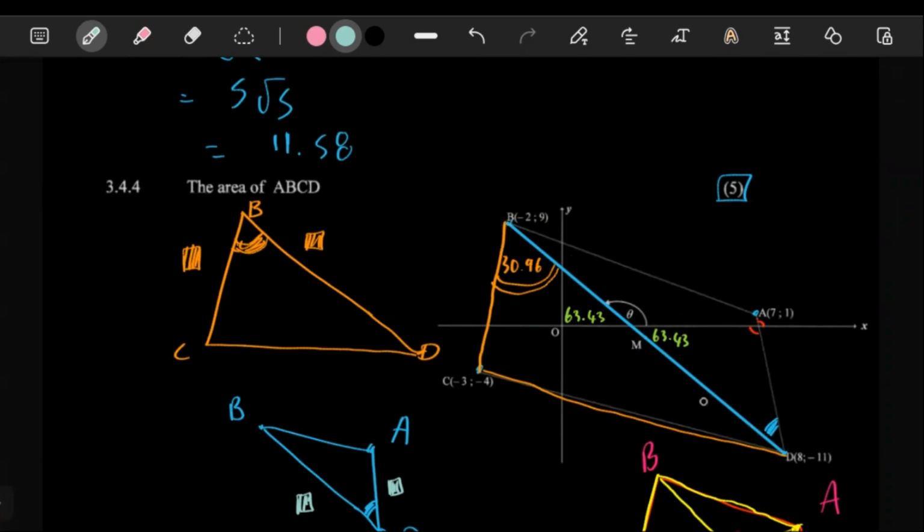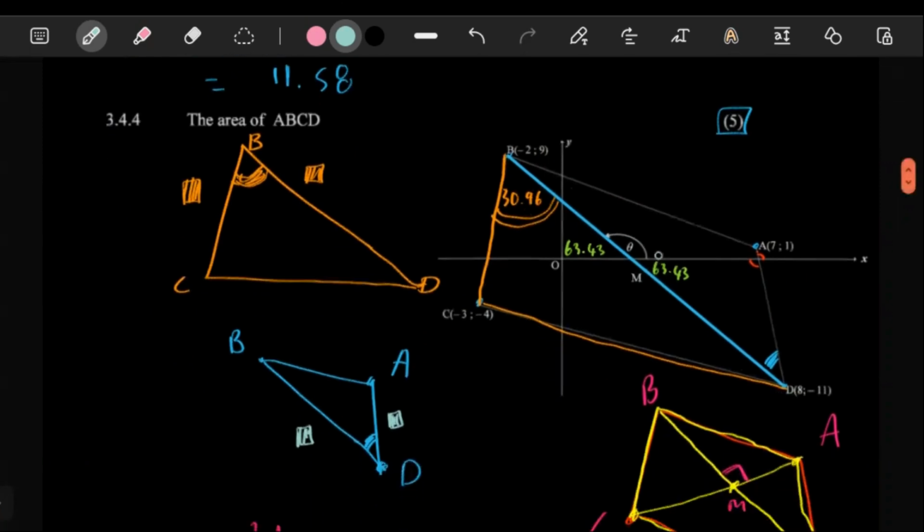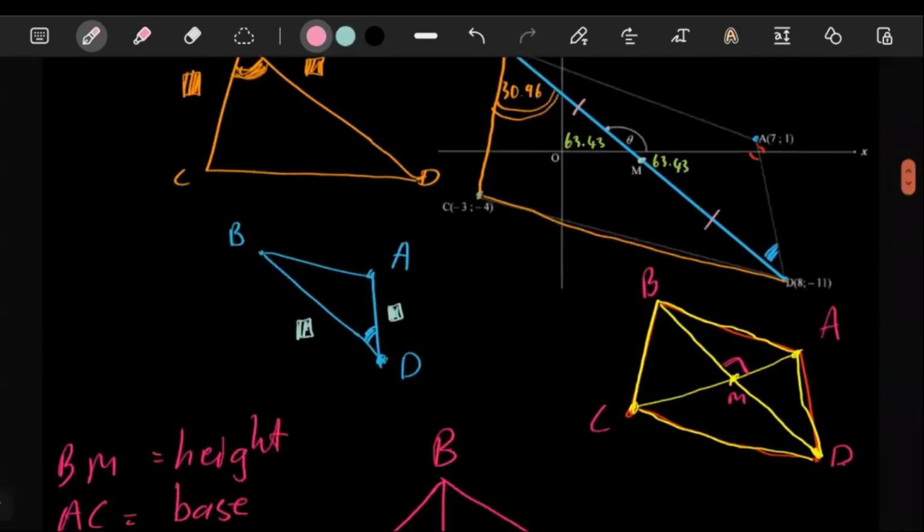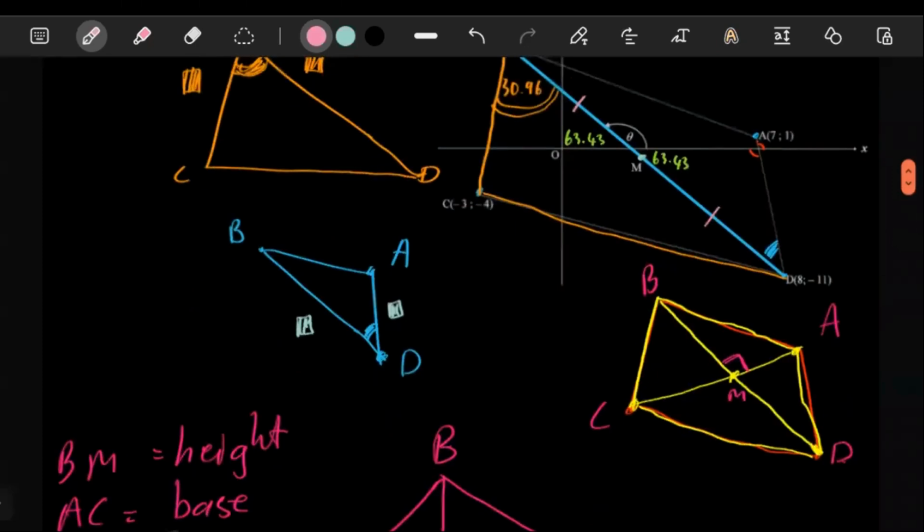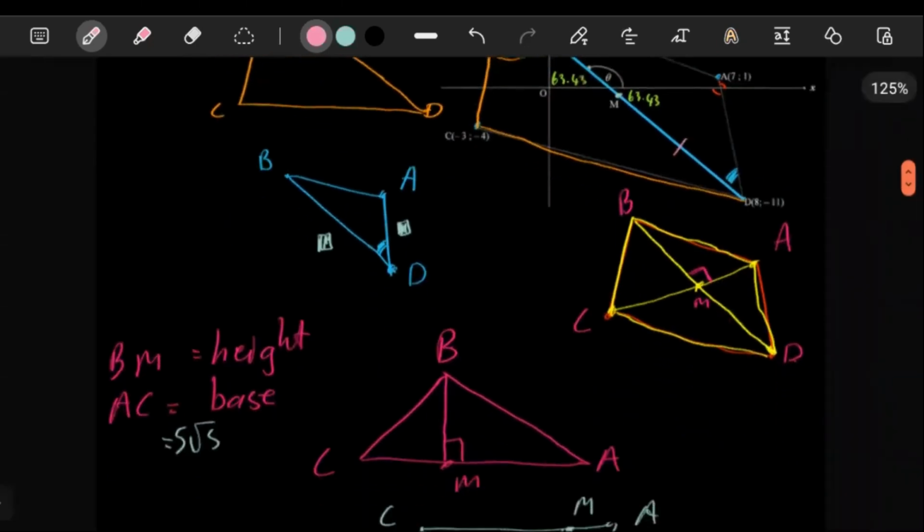Or you can work out BD and then cut it in half, because M is in the middle. They told us that M is the midpoint. So this question is quite trippy, but it is what it is.